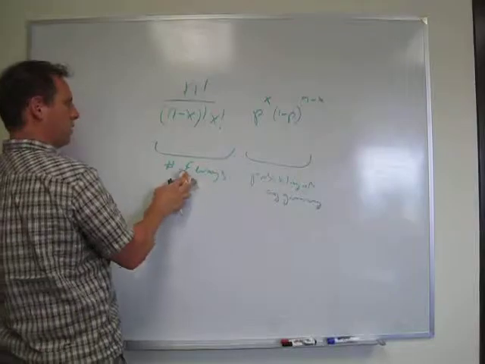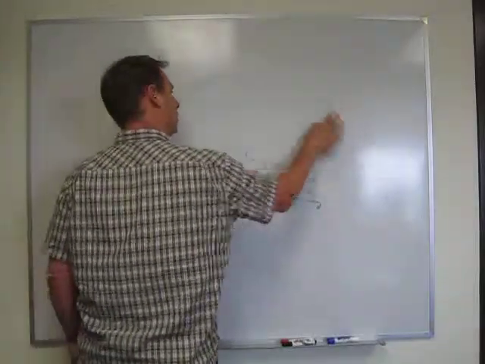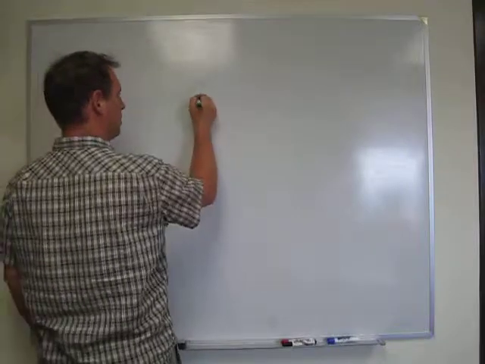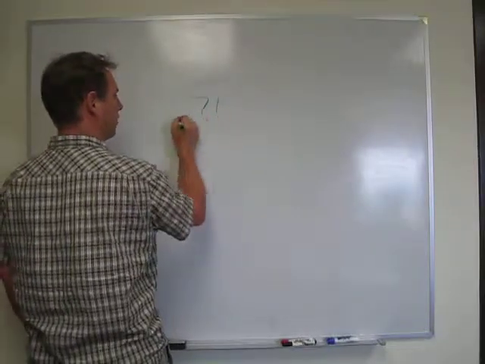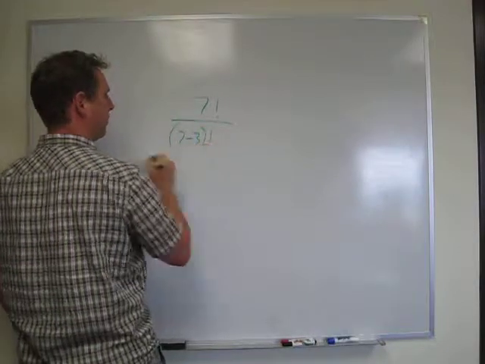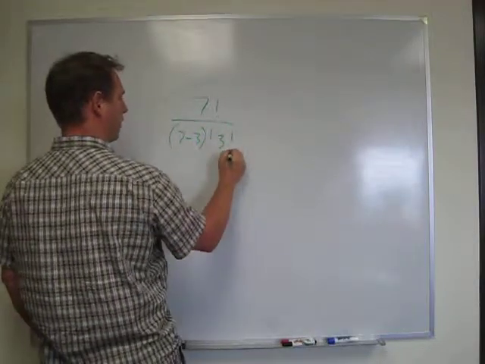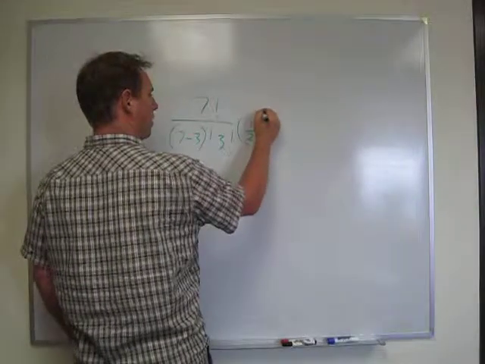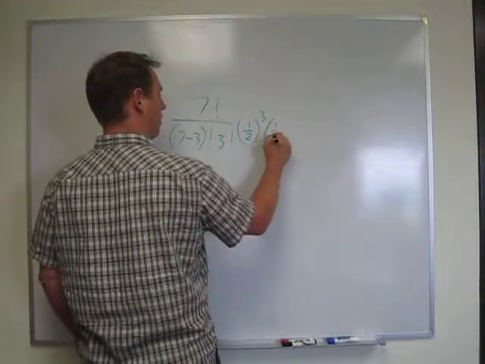So just filling this in, we get 7 factorial over (7 minus 3) factorial times 3 factorial, and then 1/2 to the third times 1/2 to the fourth.